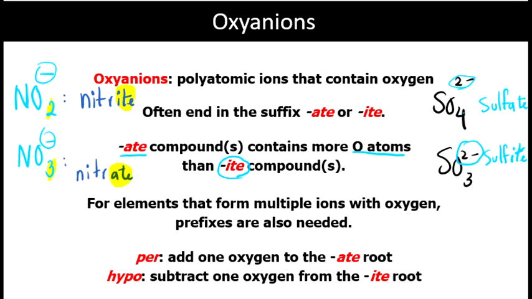Last example. I'm going to keep my other examples for your exam. PO4, 3 negative, PO3, 3 negative. What do you call these two ions? Phosphorus, so you may say phos.